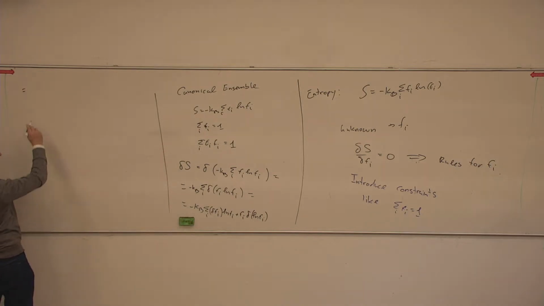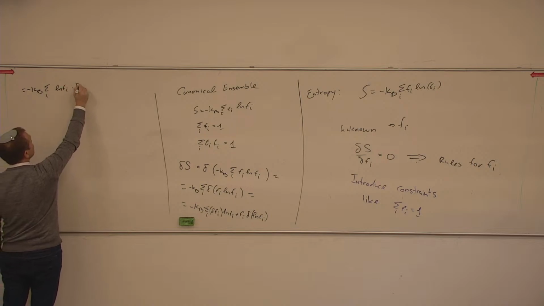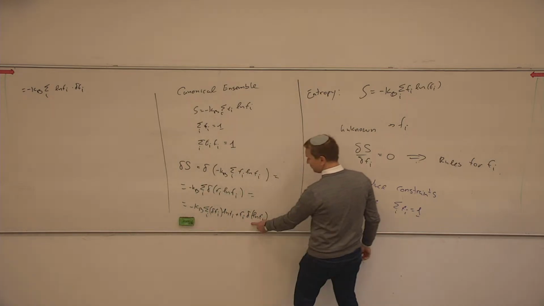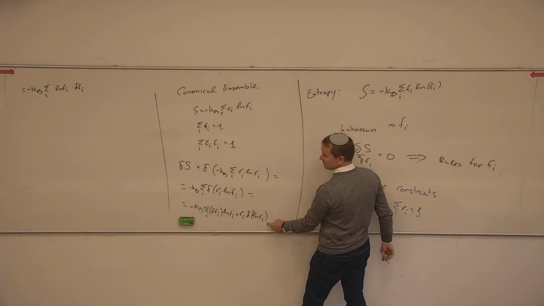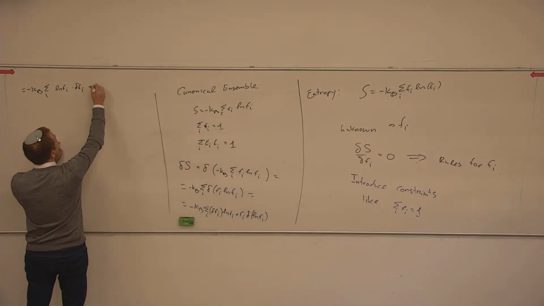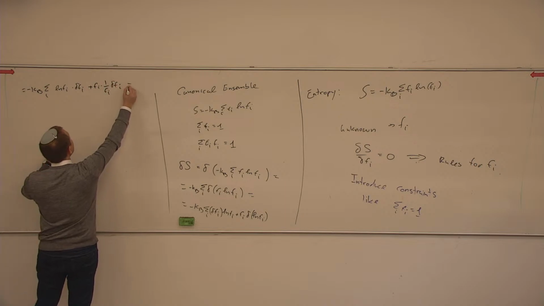Equals to, so we have minus k Boltzmann, sum over i, log f_i multiplied by delta f_i. The delta of log f_i is 1 over f_i delta f_i. It's just like taking a derivative. So it's plus f_i multiplied by 1 over f_i delta f_i.